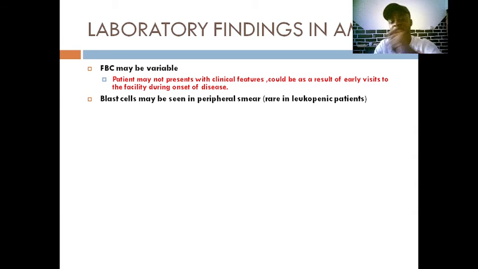So here it comes with a lot of technicalities when working in the lab. Let's say I visited your lab and you suspect clinical features of leukemia, but when you look at my full blood count results, you see that I am leukopenic.